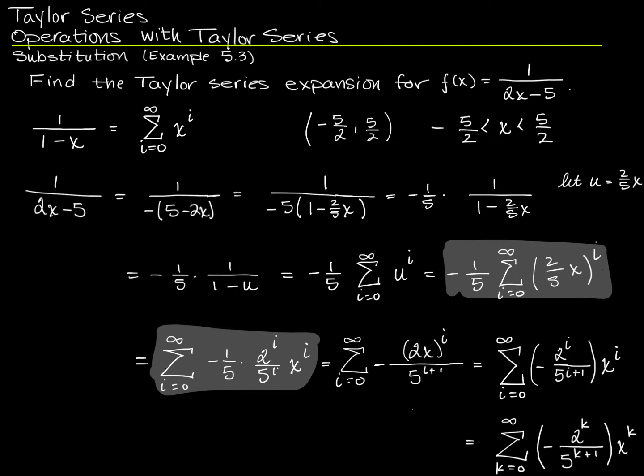Example 5.4 is similar. It's a little bit more convoluted. We have 1 over x squared plus 4 instead of 1 over 2x minus 5. But I think your course pack does an adequate job of explaining it, and the pattern of the process is very similar to the one we've just done. The one observation I would make is that it's not necessarily obvious that one of the substitutions you have to make is the introduction of a negative.